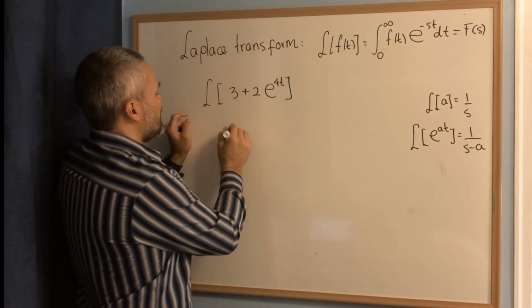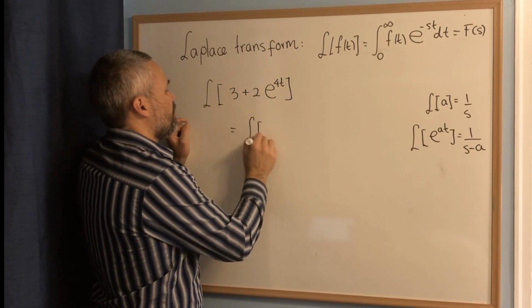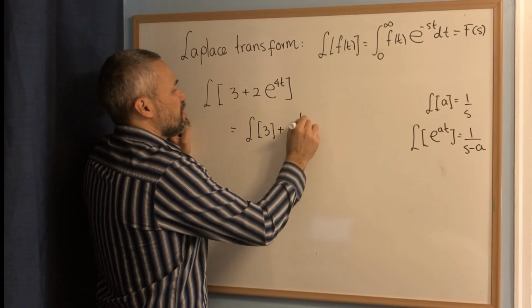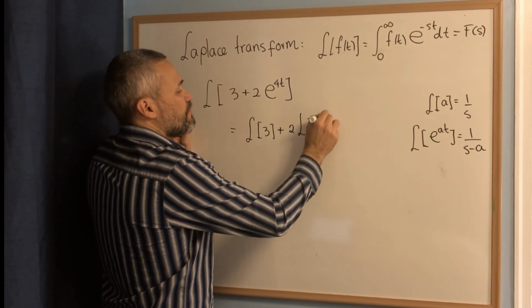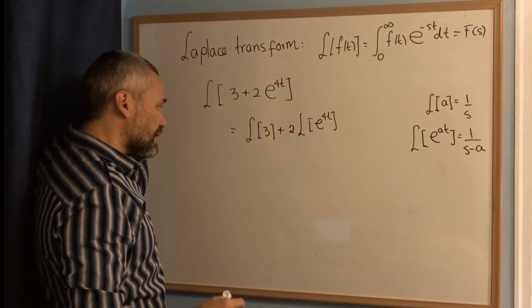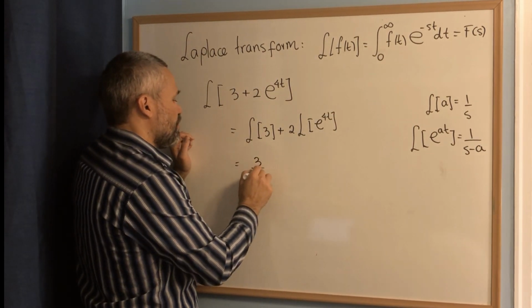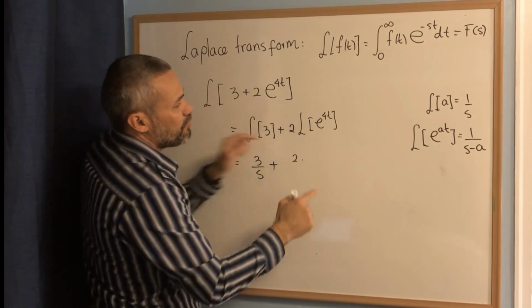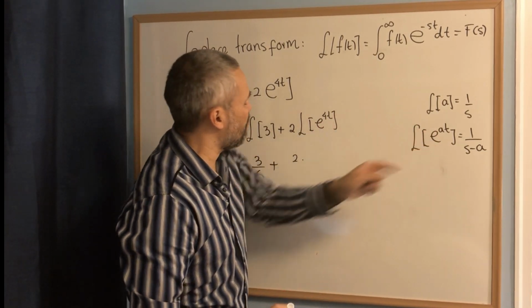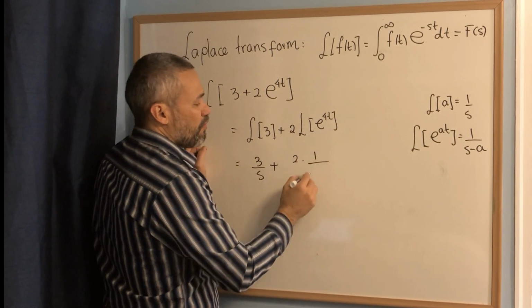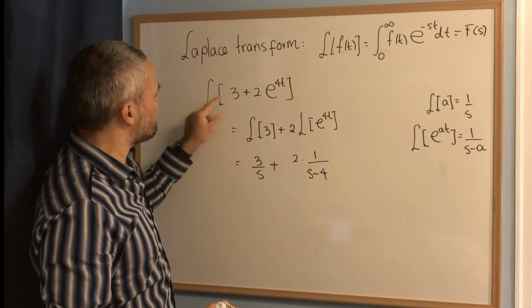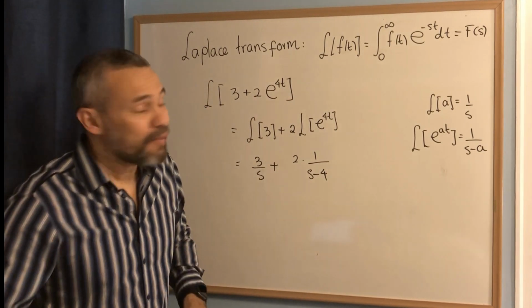Then this is just the Laplace transform of 3 plus 2 times the Laplace transform of e to the 4t, and this would be 3 over s plus 2 times, and for the Laplace transform we use this formula with a equal 4, it will be 1 over s minus 4. Then this is the Laplace transform of these functions.